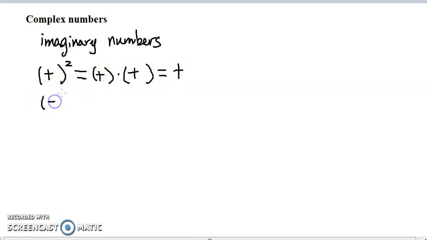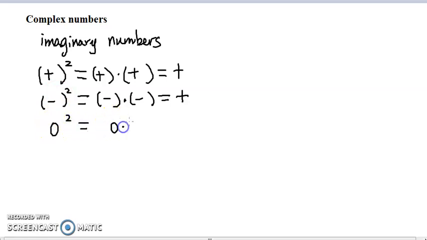If we raise a negative number to the second power, we multiply the negative number twice, and negative times negative also gives us a positive. If we raise 0 to the second power, we multiply 0 twice, and that gives us 0.